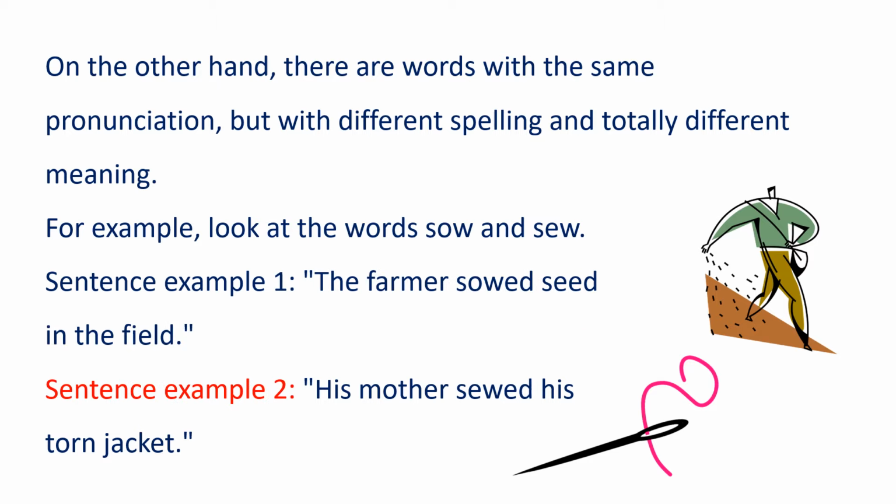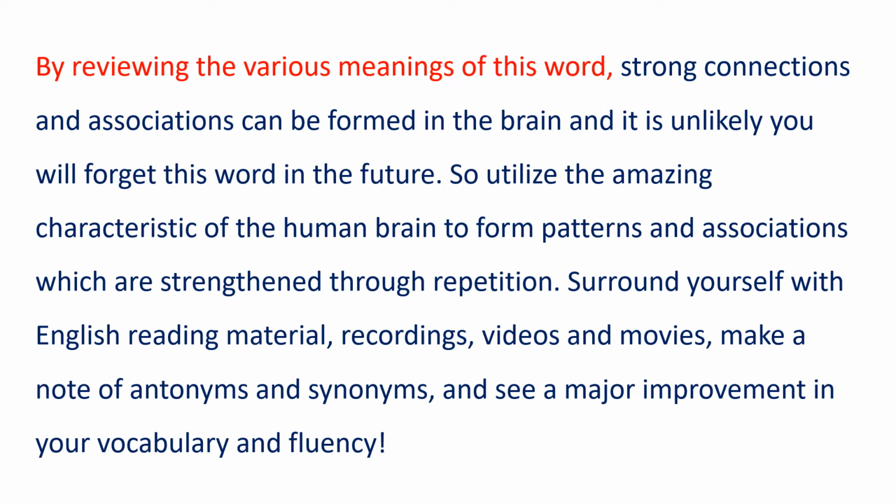Sentence example 2. His mother sewed his torn jacket. By reviewing the various meanings of this word, strong connections and associations can be formed in the brain, and it is unlikely you will forget this word in the future.